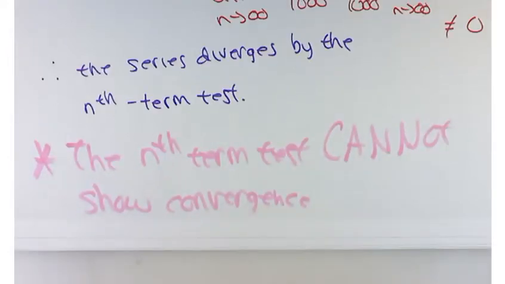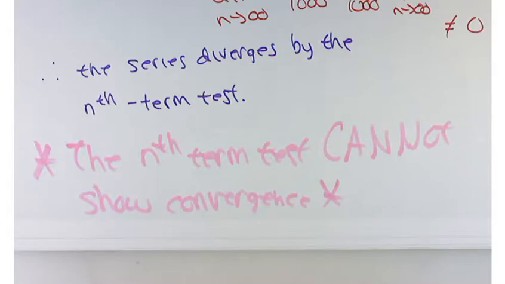Just because something passes the nth term test doesn't mean that it'll converge. It may not. It's just going to depend on the sequence or the series. But this is going to be the biggest challenge for you in using the nth term test. You can only use it to show that something diverges. It will not prove that something converges.